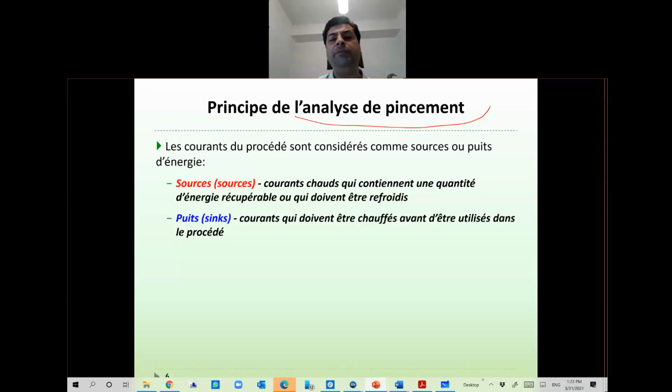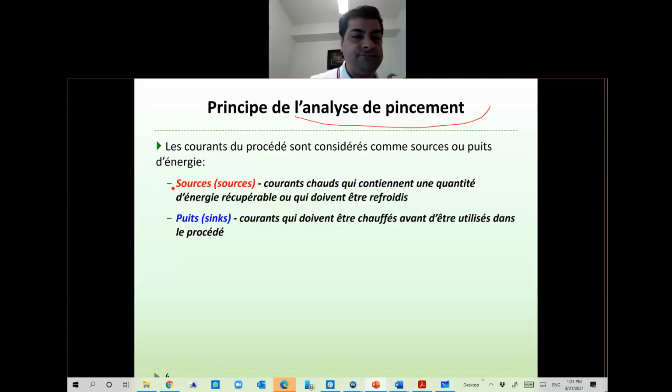So, what are principles in pinch analysis? Again, pinch analysis is a tool in order to make process heat integration. So it is a tool that we acquire to identify process to process heat exchangers and utility to process heaters and utility to process coolers. Okay, so in this methodology, streams are defined in two categories.